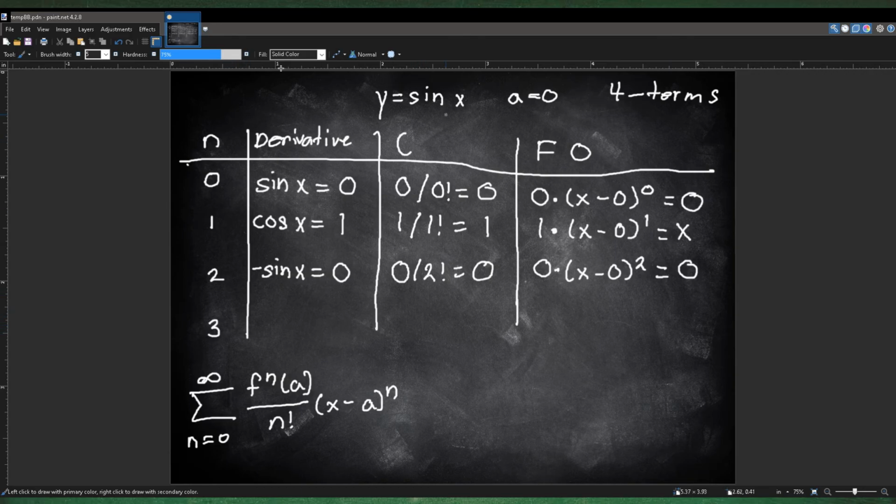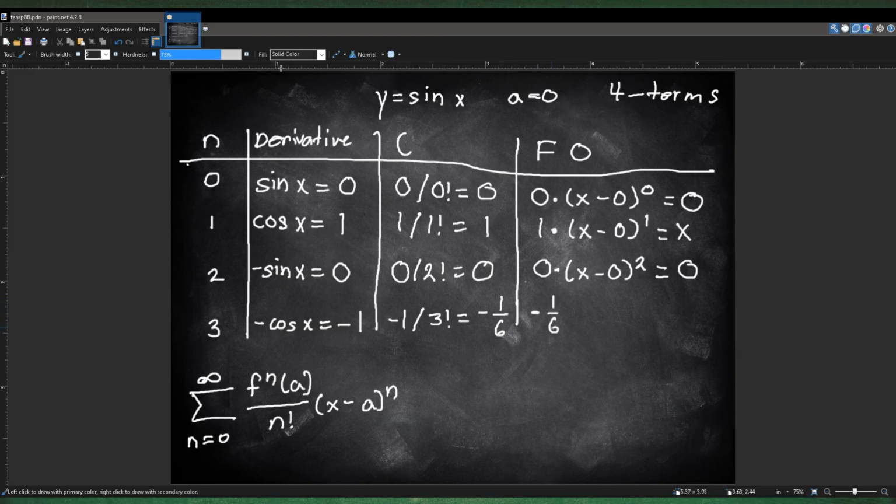Now the third derivative of sine of x: we take the derivative of negative sine of x, which is basically just negative cosine of x. And x is equal to 0 because the center is 0. So negative cosine of 0 is just negative 1. So negative 1 divided by 3 factorial is equal to negative 1/6.